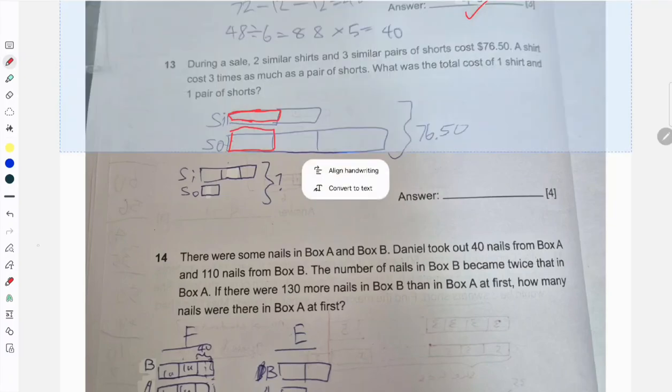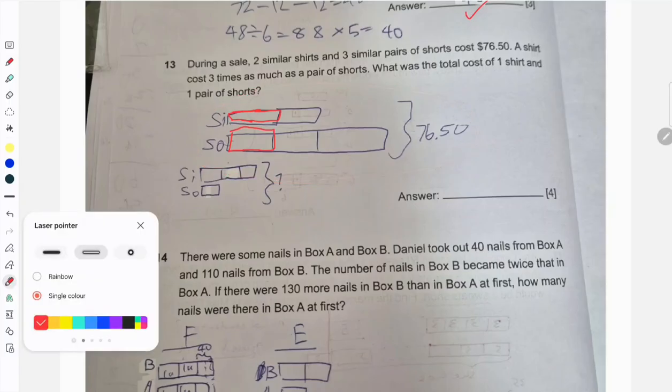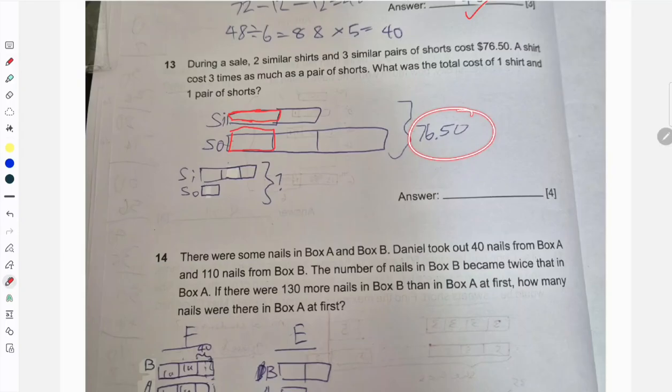Even if you want to draw it like this, you cannot write this at the side, because this one is the number of clothes.